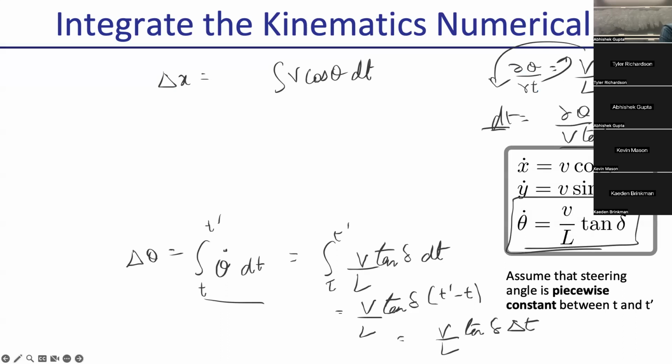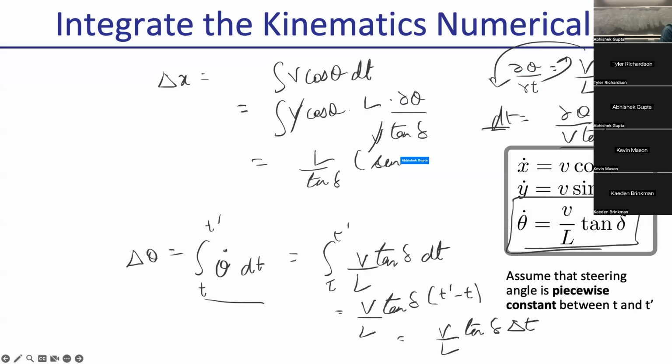So now you can rewrite this as v cosine theta times L times d theta divided by v tangent delta. Yes, just substitution. Okay, so these cancel, and what do you get? L over tangent delta times sine theta prime minus sine theta.